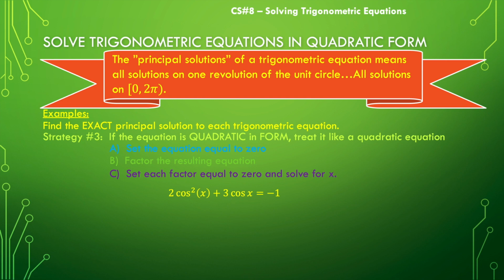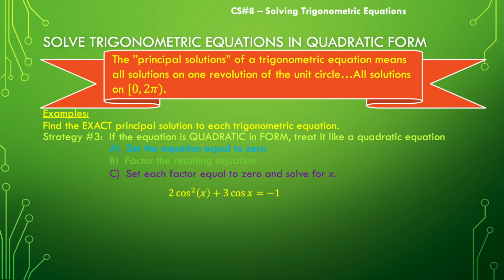The other thing is the highest degree is a squared, and I may or may not have a trig function that is not being squared, and I may or may not have a constant for that matter. The key thing is we're going to have no more than one trig function, and that trig function has at least one term that is raised to the second power.